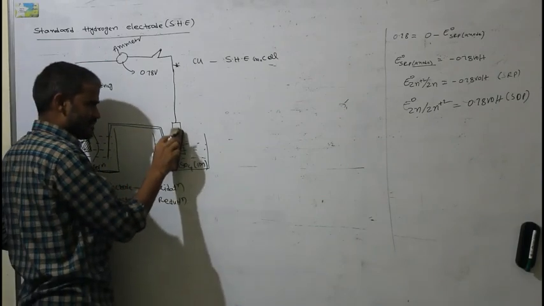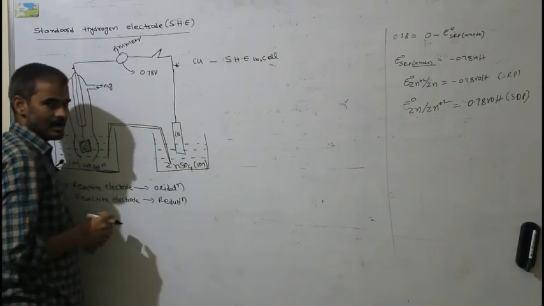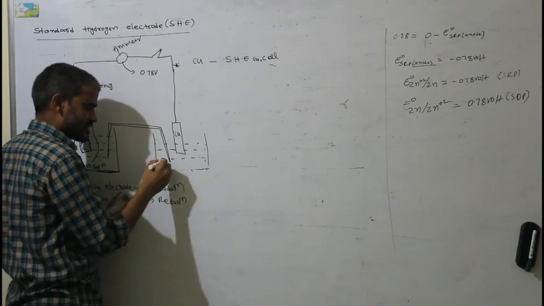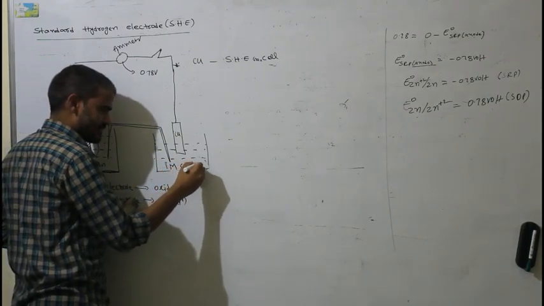Here, in place of zinc metal, you take copper metal, and the copper metal must be dissolved in a 1 molar copper solution. So I will take 1 molar copper sulfate solution.